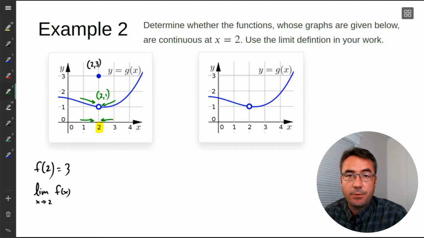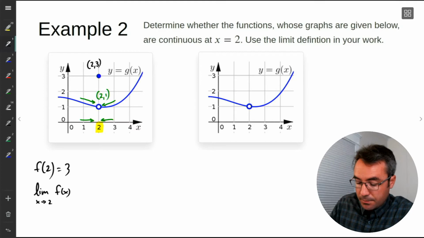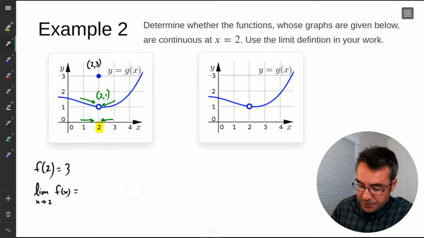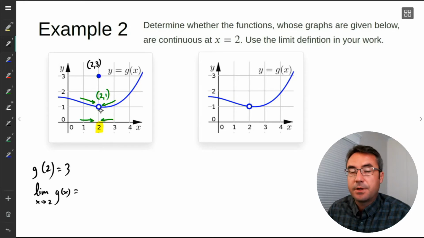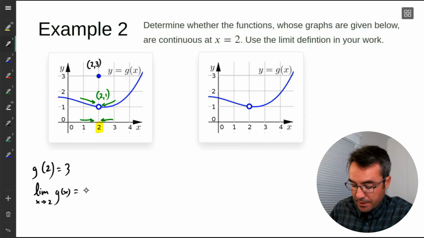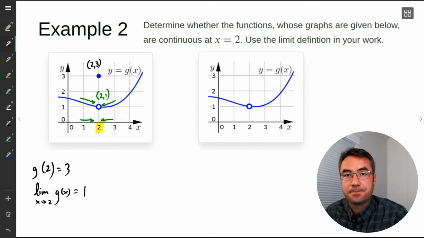So the right-hand limit would be 1. So overall, the limit of our function, and I guess I should be using g's here because our function is g of x, but if we look at our limits, on either side, we're approaching that same point. So it looks like the limit in this case is 1.